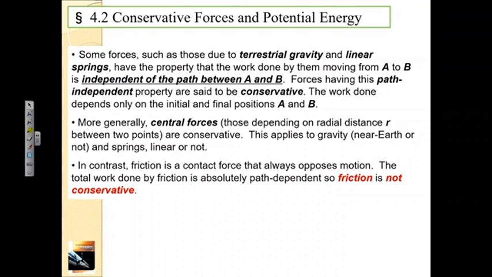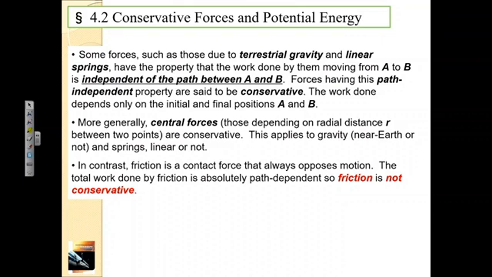So maybe a better way to describe this. Here's my bicycle. I'm pedaling my bicycle. And I've got gravity fighting me. Right? Gravity's pointing down. So I've got some mg acting on my body for my free body diagram.